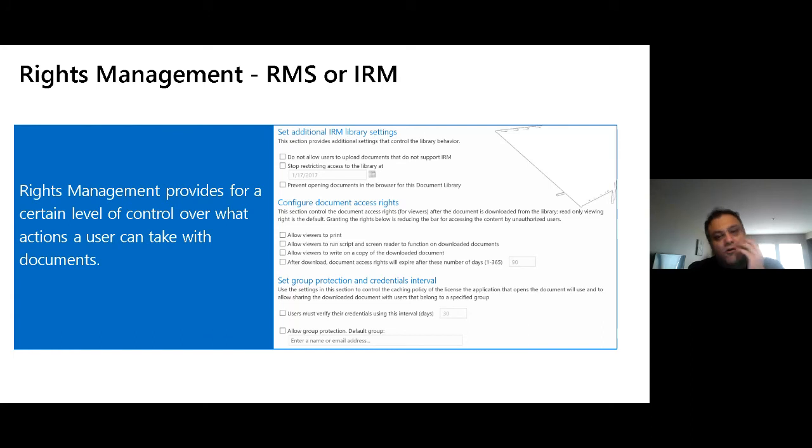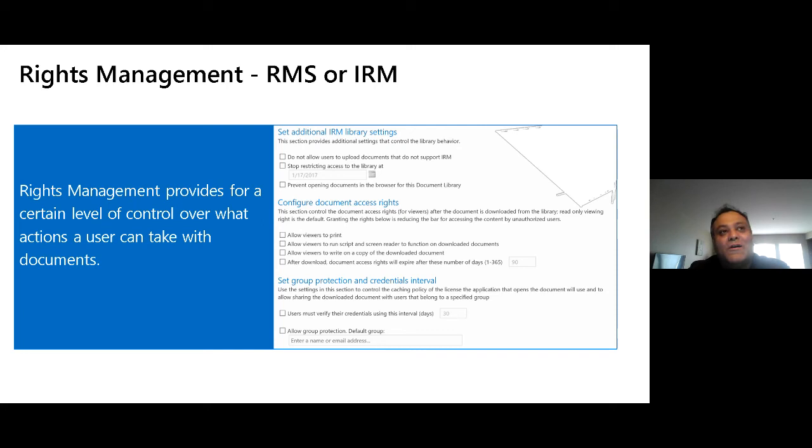Rights management, or IRM. Now, the screenshot is a little dated, but the idea is the same. It can provide you an exact level of control over what people can do. If you have a rights management module configured, and I'm not even going into licensing of what you need to have some of these features, that's a whole different discussion.